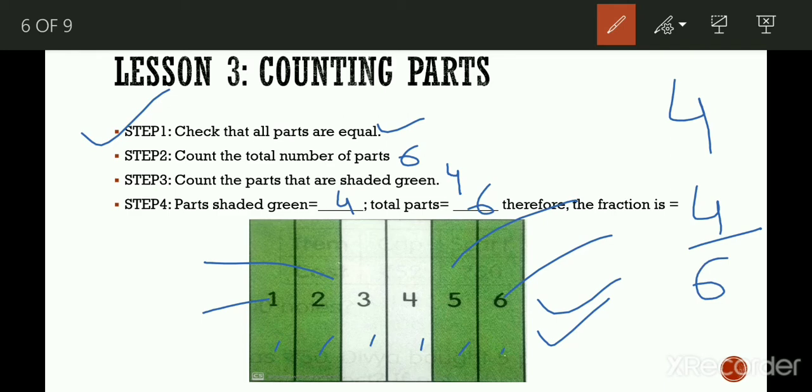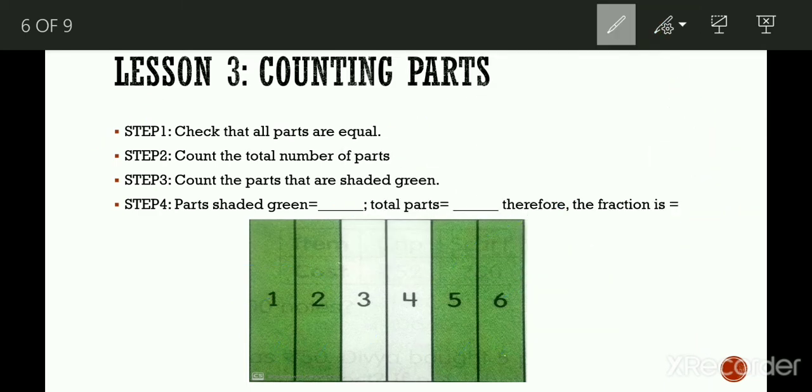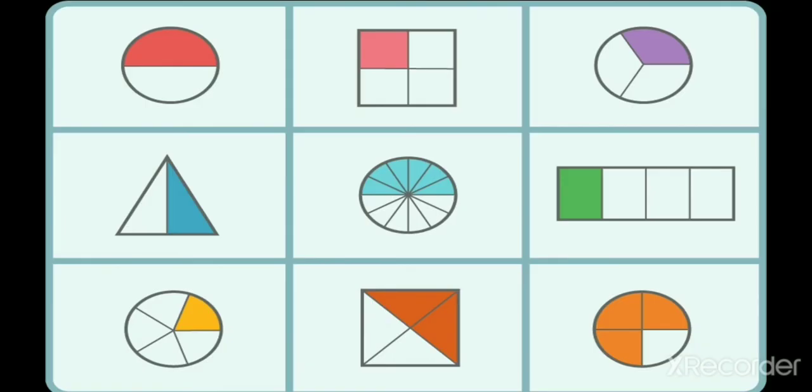Right? You can just say it as that 4 parts out of 6 are shaded. This is easy to understand, right? That 4 parts out of 6 are shaded. I hope this is clear. Moving to the next slide.